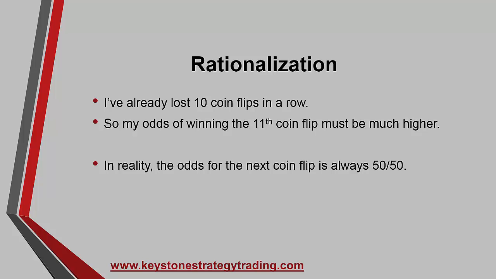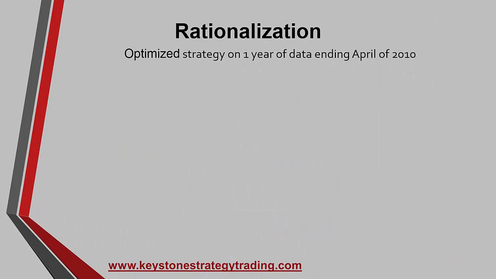So let's look at another example. This is actually a strategy that was written for a customer, and we'll just call this customer Joe. Joe had me write the strategy, and we optimized it on 6 months worth of data.